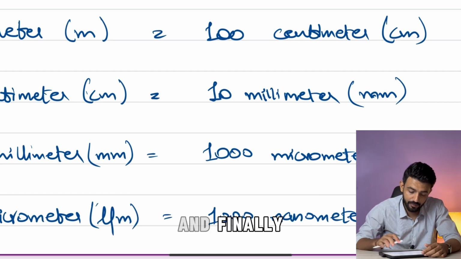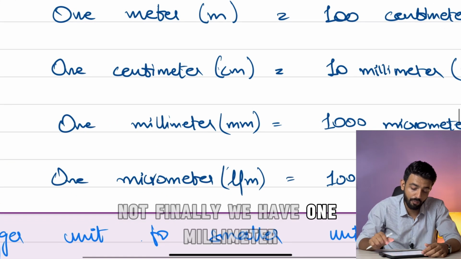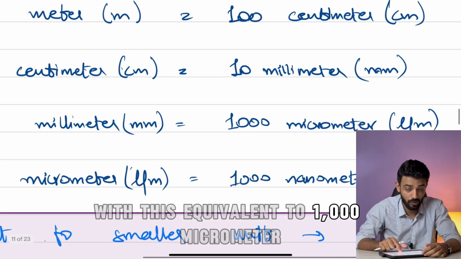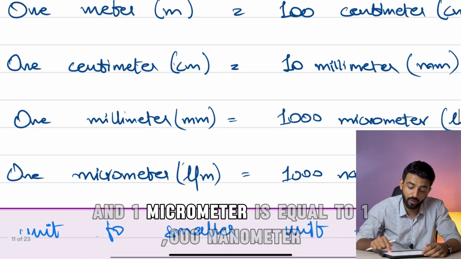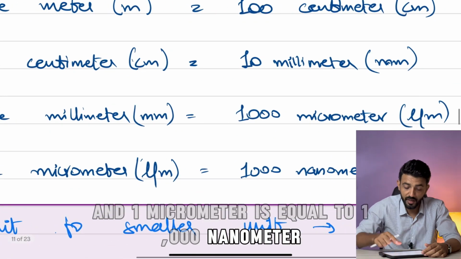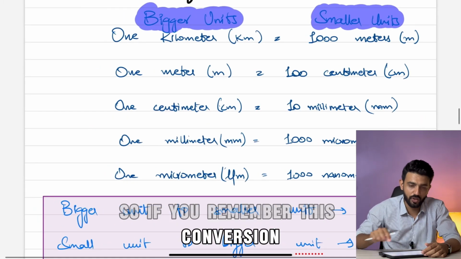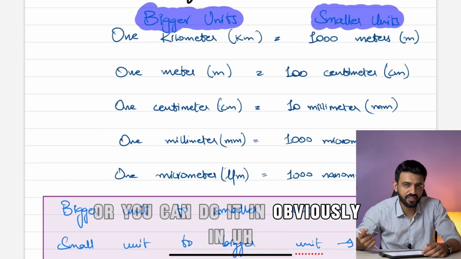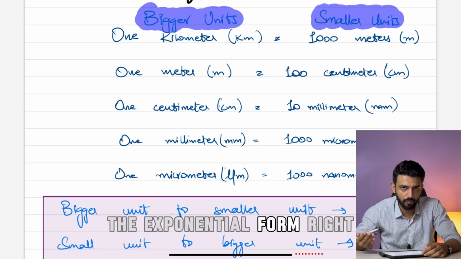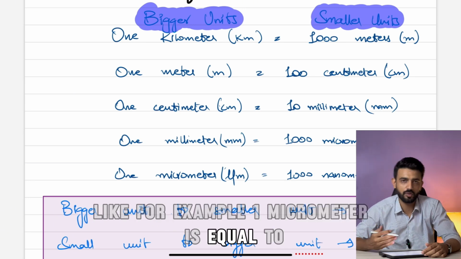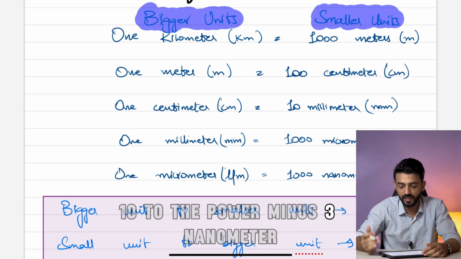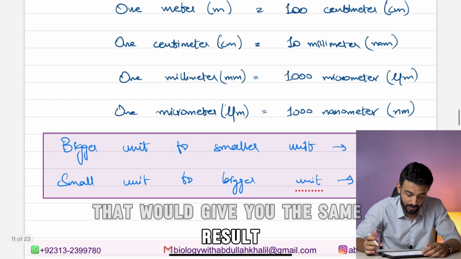And finally, we have 1 millimeter, which is equivalent to 1000 micrometer, and 1 micrometer is equal to 1000 nanometer. So if you remember this conversion, or you can do it in the exponential form, right? Like for example, 1 micrometer is equal to 10 to the power minus 3 millimeter. That would give you the same result.